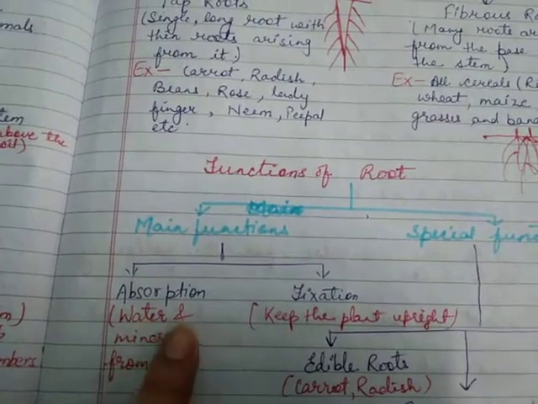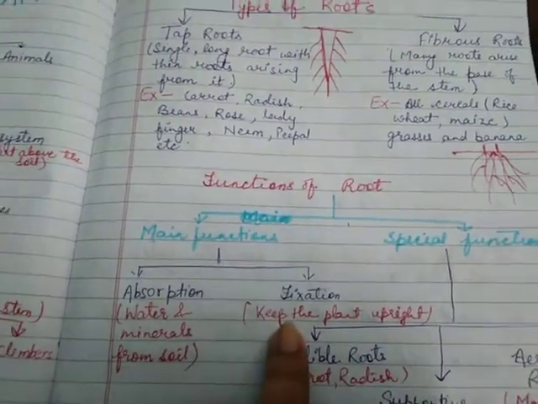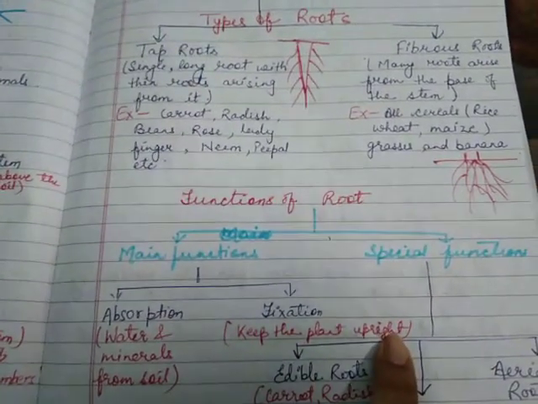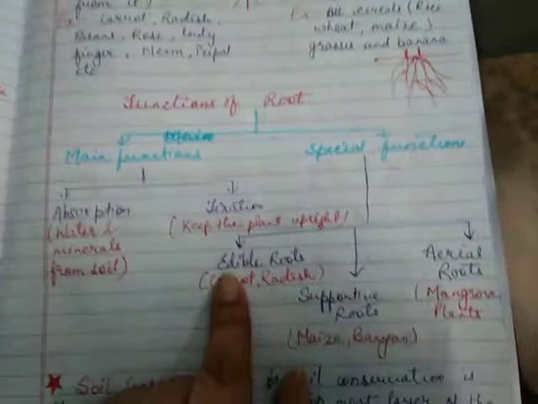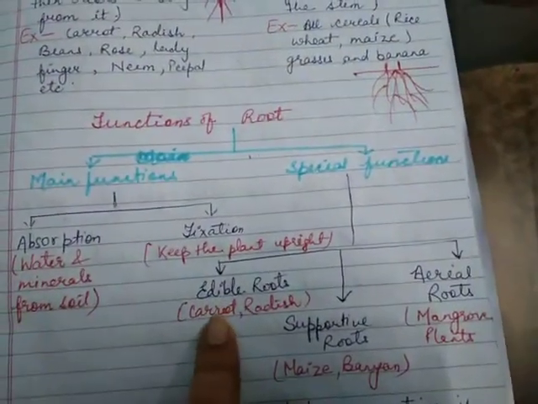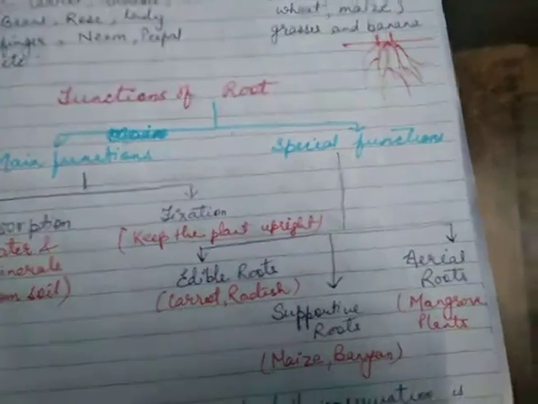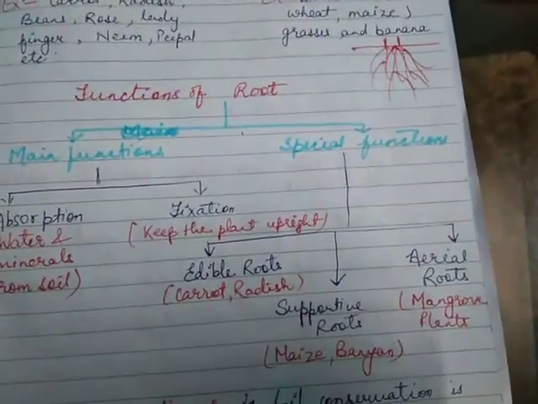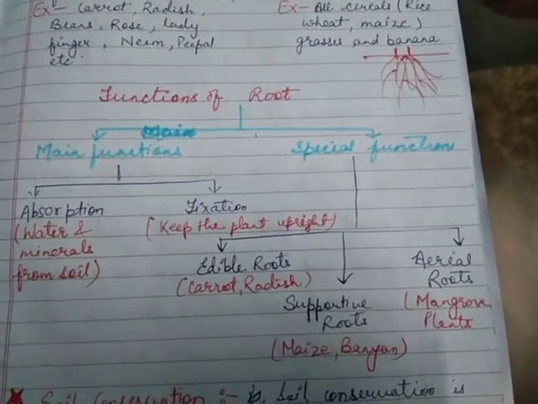Absorption includes water and minerals from the soil, and fixation keeps the plant upright. The special functions include edible roots like carrot, radish, beetroot, turnip, supportive roots like maize and banyan, and aerial roots like mangrove plants.